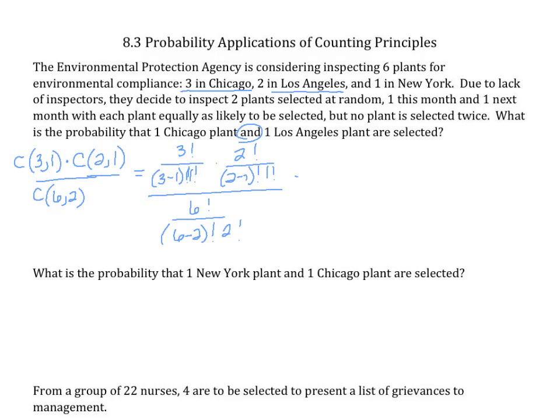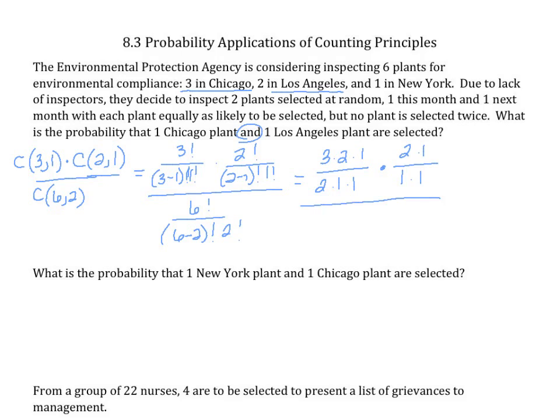So if we simplify our numerators here, 3 minus 1 is 2 factorial, so we'll have 3 times 2 times 1 over 2 times 1 times 1 times 2 factorial is 2 times 1. 2 minus 1 is 1, so 1 times 1.